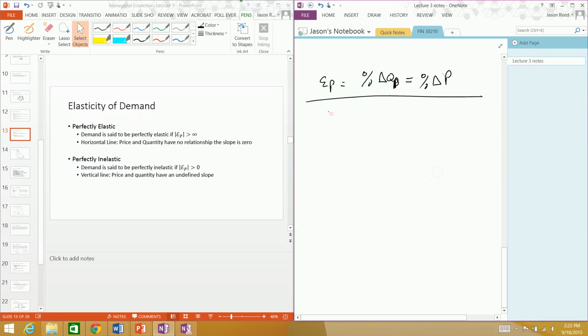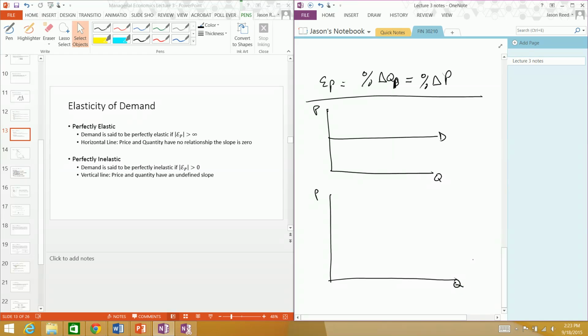And what we end up having here, if we were to draw something like this, is if we have price as a quantity, this would be perfectly elastic. Whereas our next result, when elasticity is essentially 0, so we're going to change these in the slides again so that we know that we have inequality here, right?